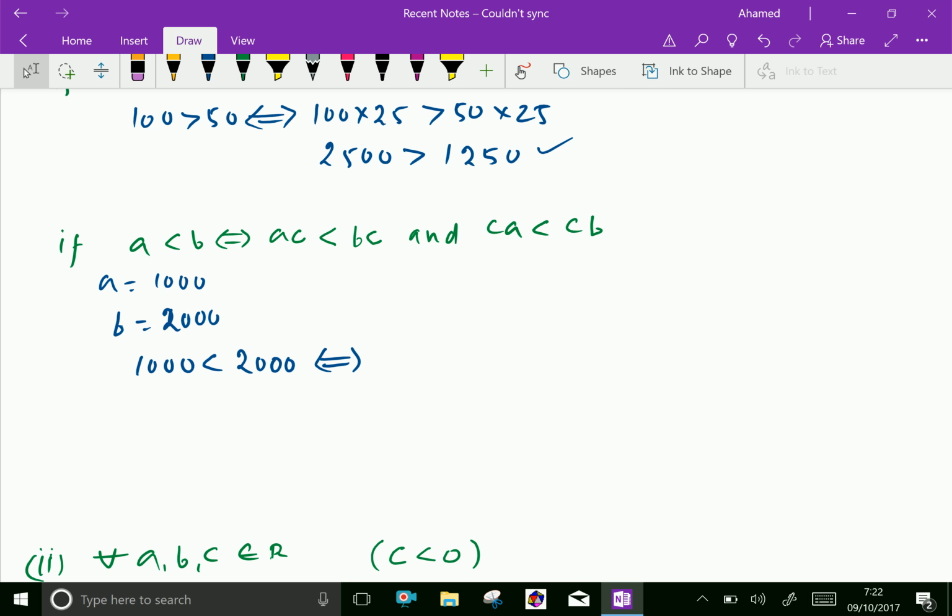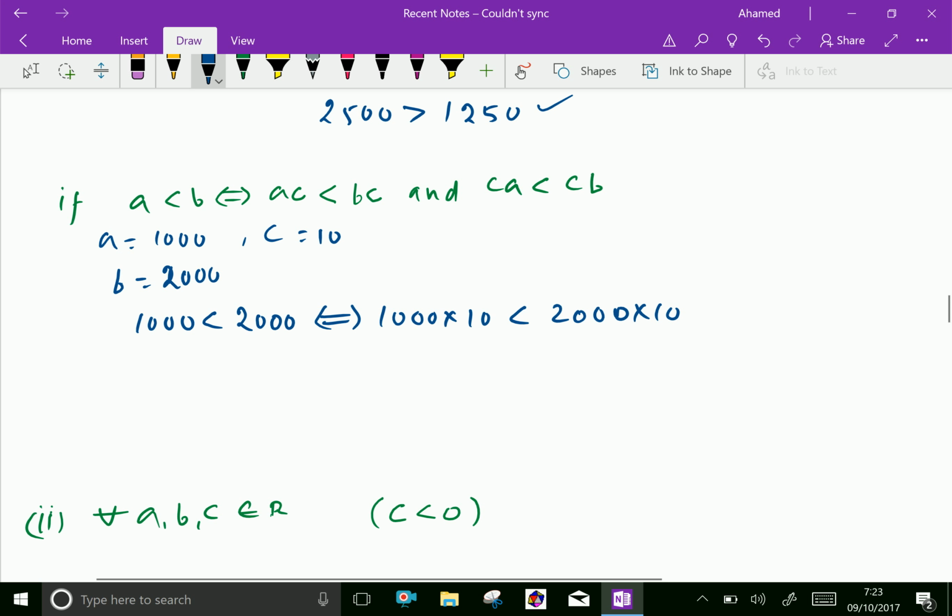Then A into C, suppose C we take as 10, then AC is 1000 into 10, lesser than B into C, 2000 into 10, which is true, means 10,000 is lesser than 20,000.